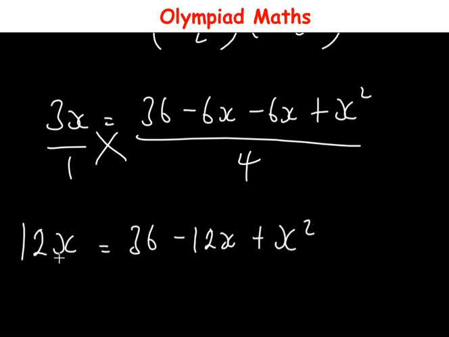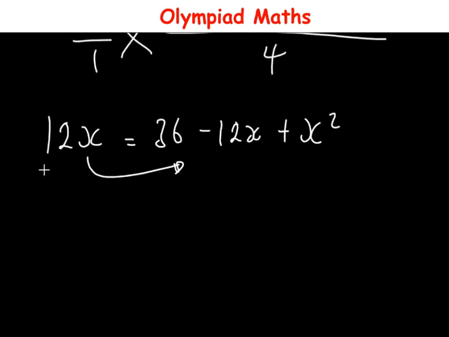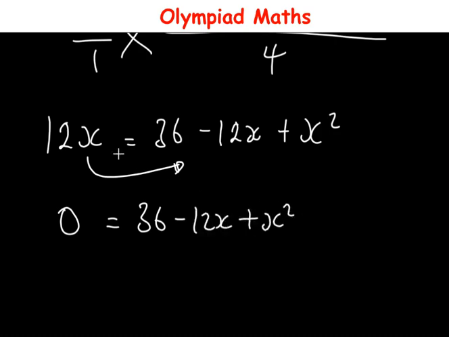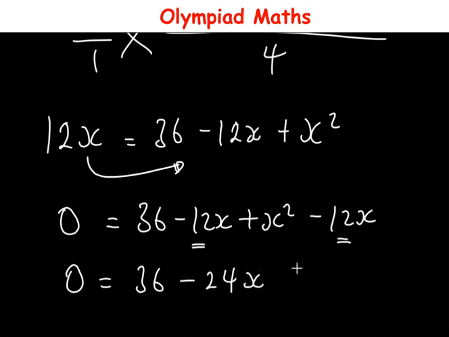So with this, move 12x over to this side. What we have is this, here becomes 0 is equal to 36 minus 12x plus x squared, so this becomes minus 12x. So from here, 0 is equal to 36. Now minus 12x is minus 24x, then plus x squared.